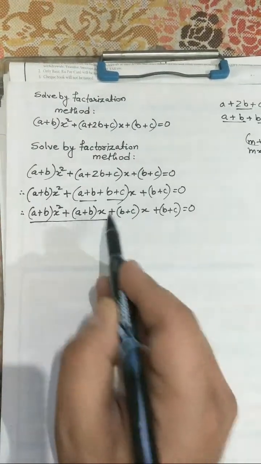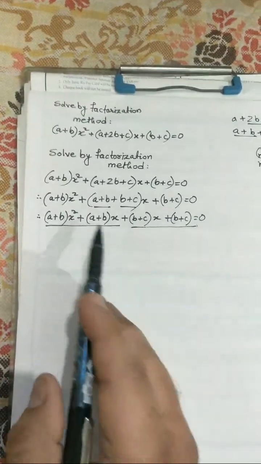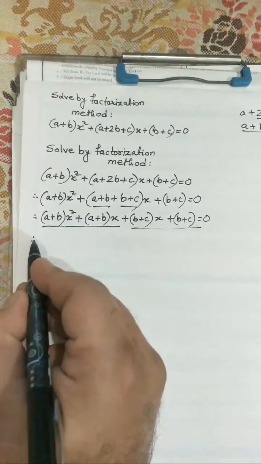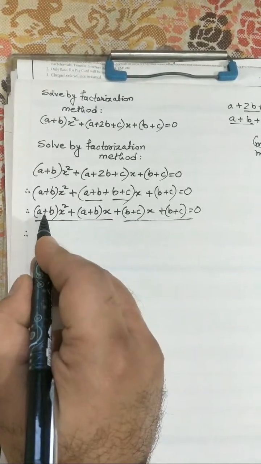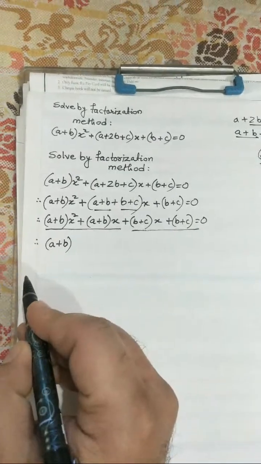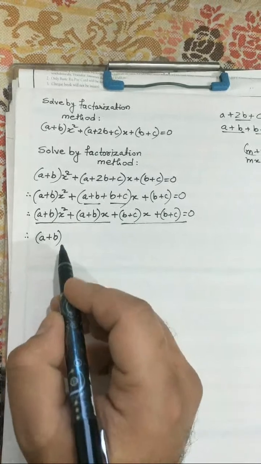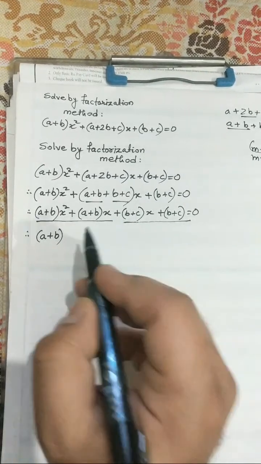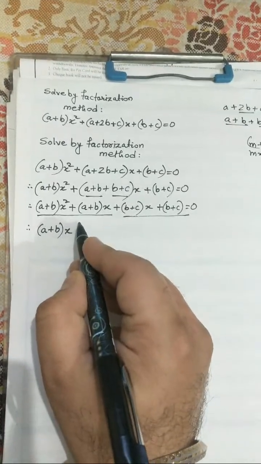So now we will try to factorize from the first two terms something that is common between them. We can see that they have a plus b as common, so this will be taken as common. Also this term has x square and this term has x, so they have x in common at least. So what is left?